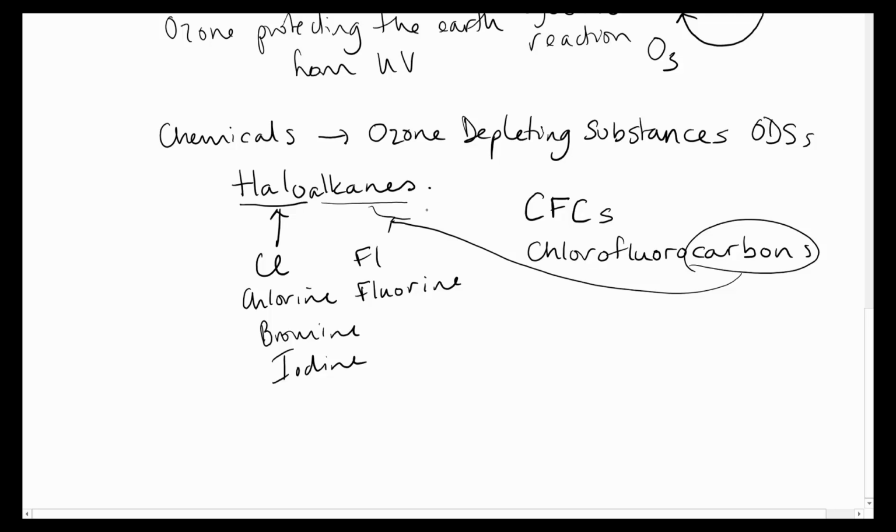And unfortunately, these gases are very unreactive actually down at the Earth's surface, and they thought this was great. They're really useful, and they were used for things like sprays, so propellants in gas. So that means in spray cans, that's the word.